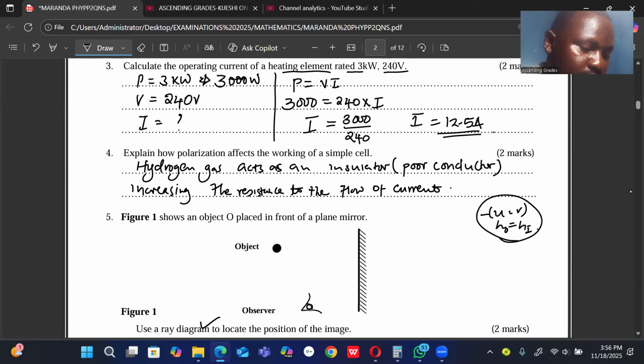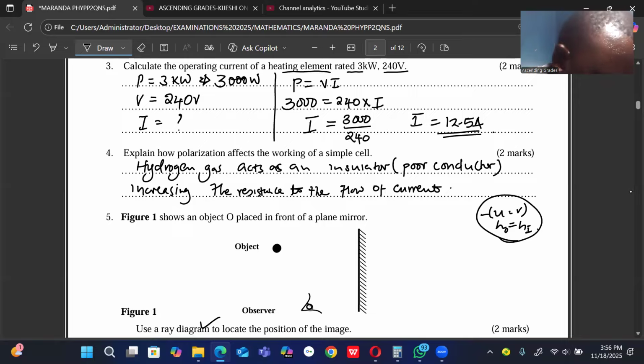Using this, you can first trace where it is going to be located. So I'm going to use my ruler here. From the midpoint of these objects up to the surface of the mirror, I'm getting a distance of 3.3.